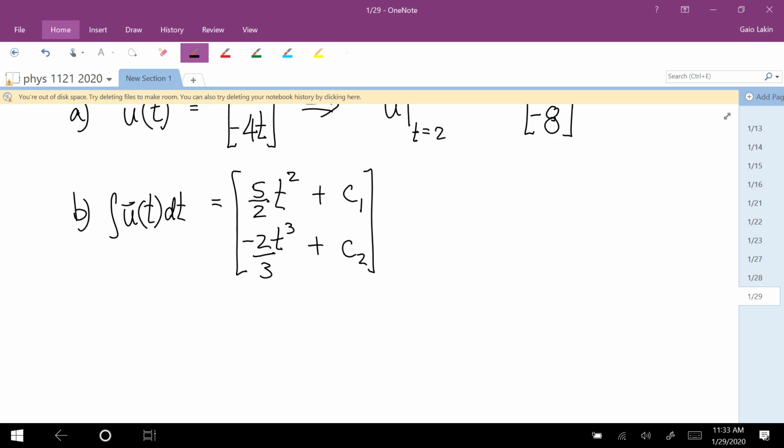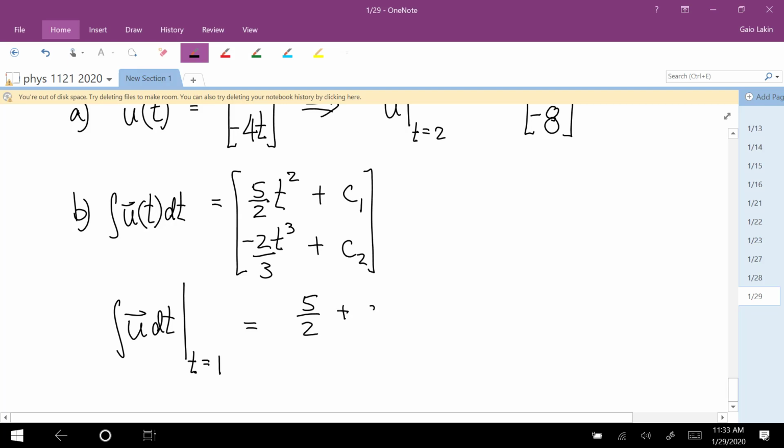If we want to evaluate this at time equals 1, we would get 5/2 plus c1 and negative 2/3 plus c2. The c1 and the c2 are unknown constants of integration.